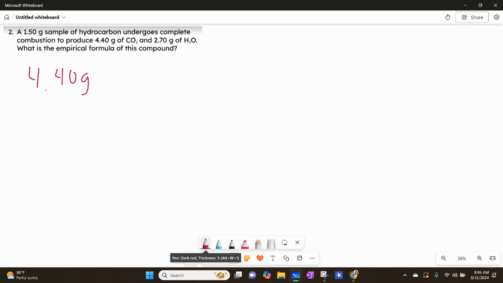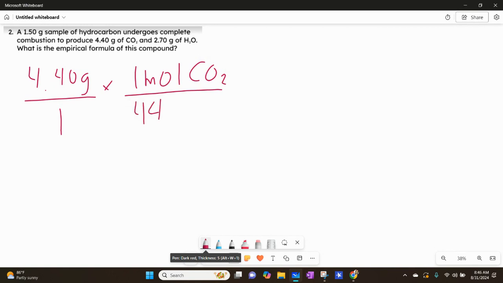and we multiply that over 1, and we multiply that by 1 mole of carbon dioxide over 44.01 grams of carbon dioxide.